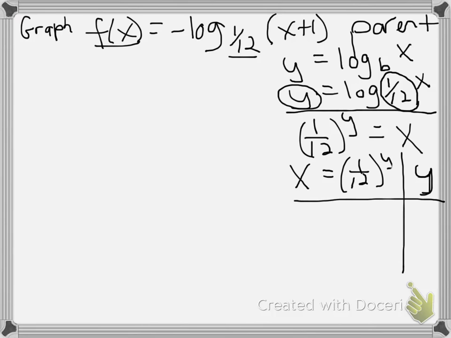Now, a nice and easy y is 0. This point is going to be on every single log graph. If we pick 0 for y, our x will be 1 because anything to the 0 power is 1.